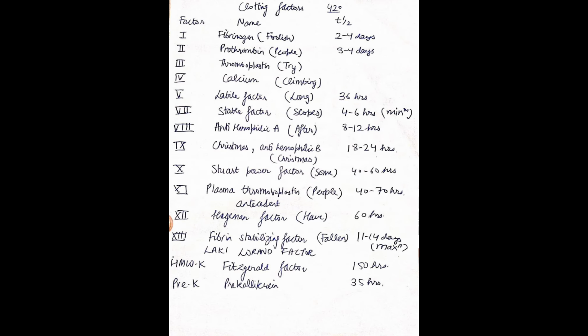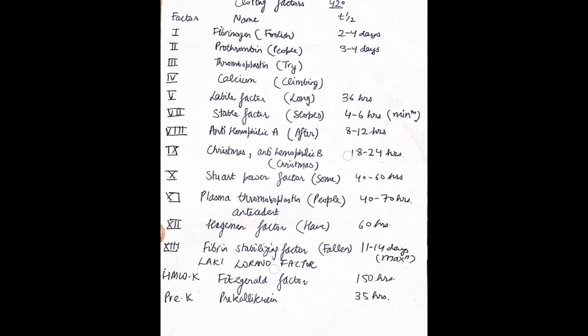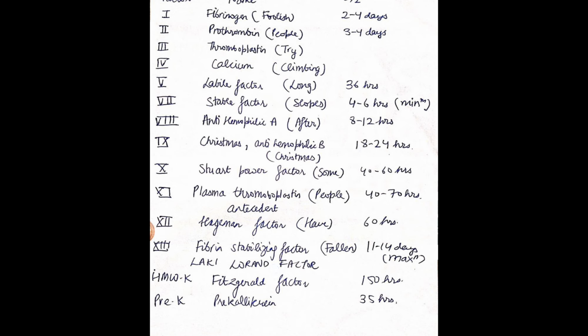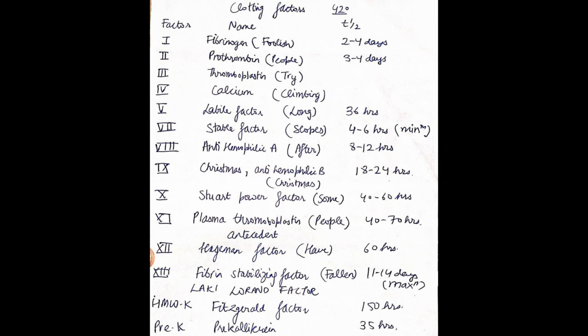Then how to remember the factor names? Clotting factors: Foolish people try climbing long slopes after Christmas. Some people have fallen. Factor 1, fibrinogen. Prothrombin. Thromboplastin. Calcium.